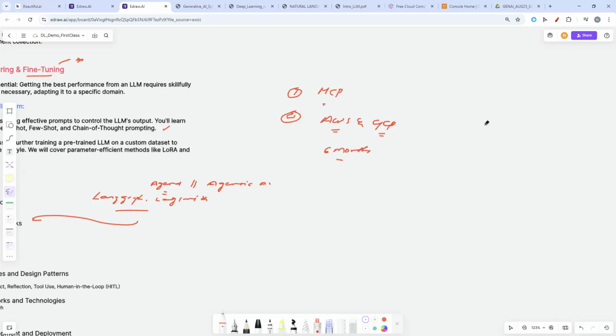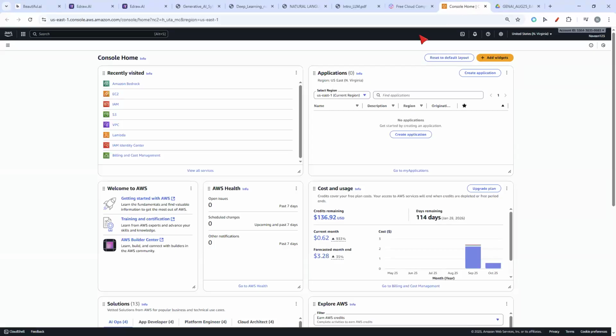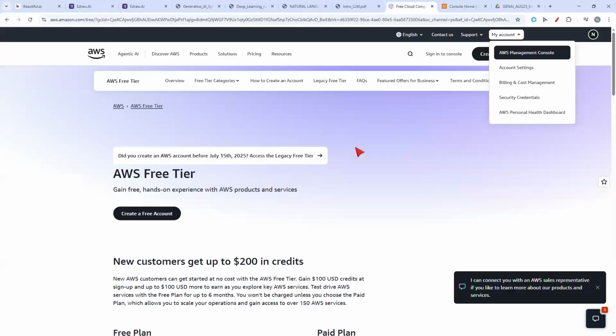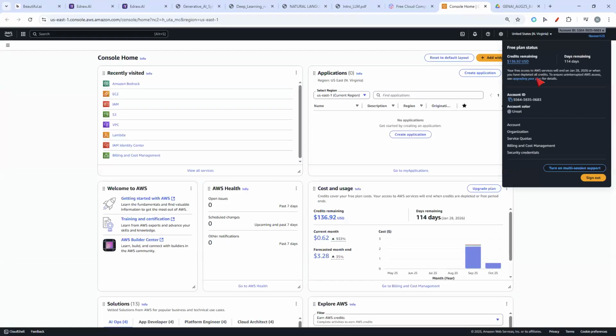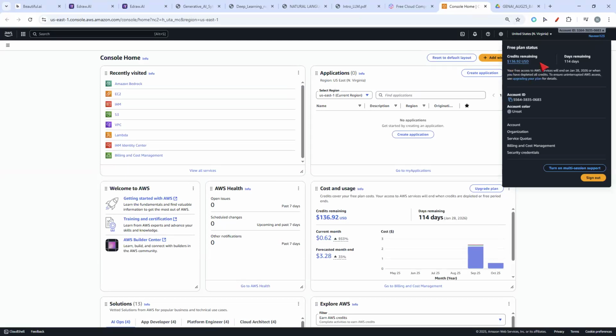For example, I have my AWS console ready. You just have to go to the AWS management console. If you look at this interface, credits remaining is some dollars, and it will end on Jan 28 2026.